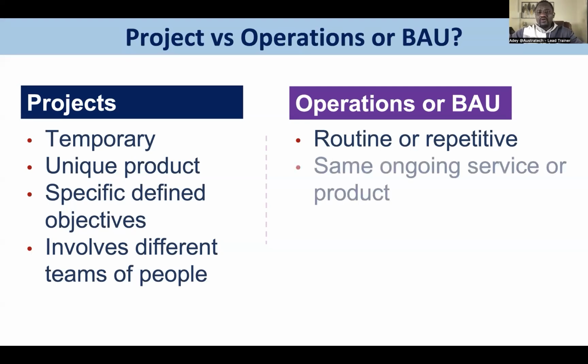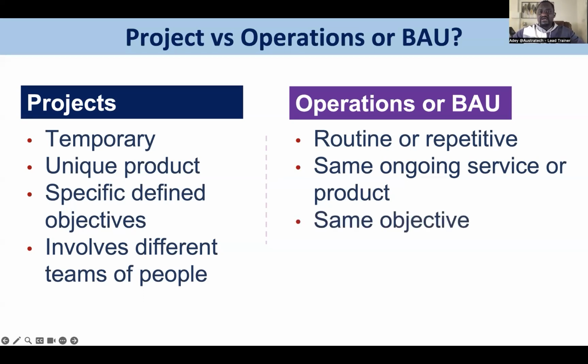You will always be working to the same ongoing service and delivering the same product, so your marketing team will carry out marketing functions day in, day out. Your customer service team will support customers, address their queries, and provide services to them day in, day out. Your sales team will look to sell products and services to customers and generate revenue for your business day in, day out. But the systems delivered from the project side could be handed over to them to enhance their work.